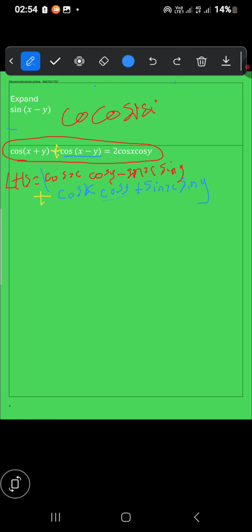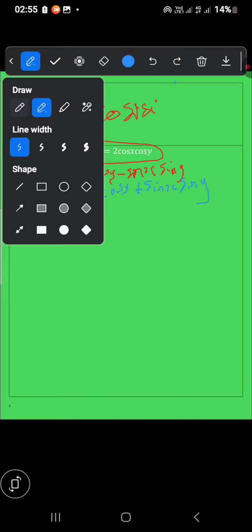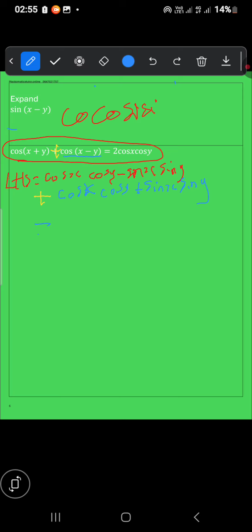So 1 plus 1 is 2. So this is 2 cos x cos y. In this way, we have proven the identity.